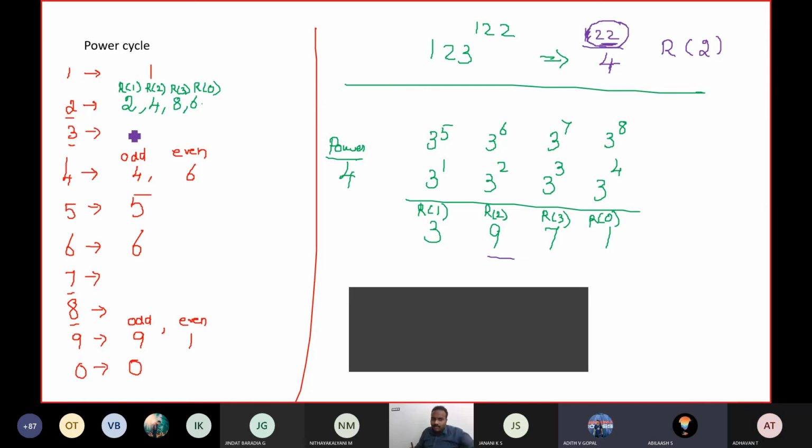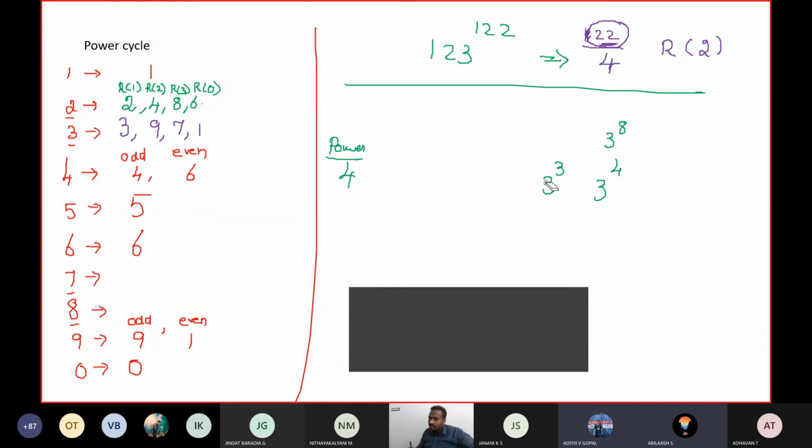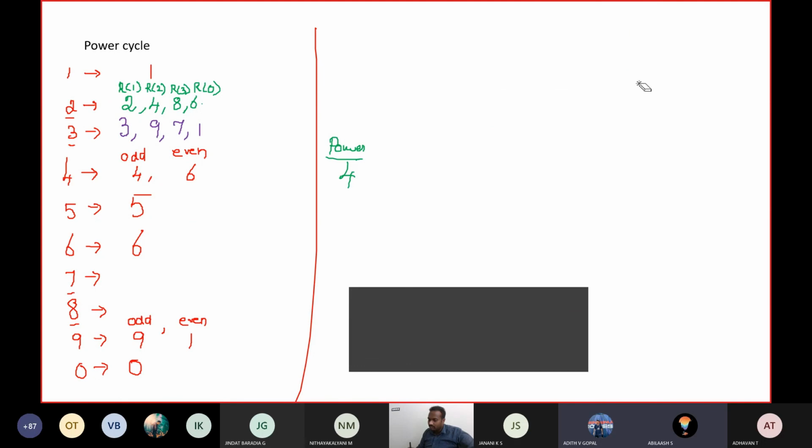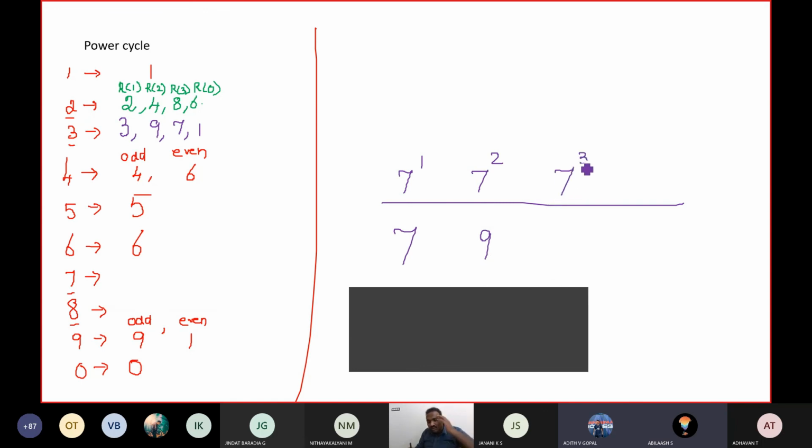Okay. So 3, 9, 7, 1. Similarly, check if we have a pattern for 7. 7 power 1, yes, it is 7. 7 square, 49, so it is 9. 7 cube, sir, I don't know the value of 7 cube.